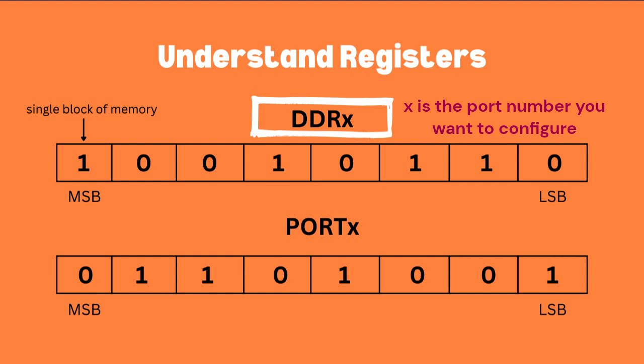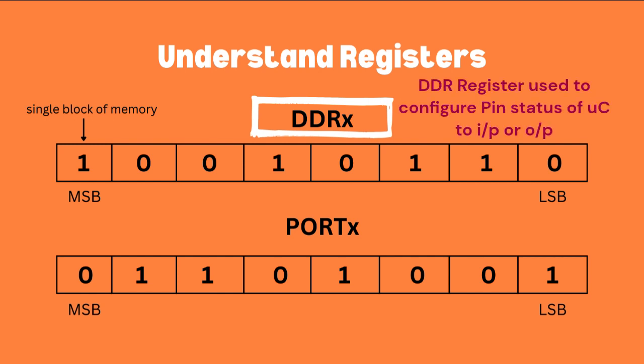The main function of the data direction register inside the microcontroller is to hold the status of a particular pin on the microcontroller chip. So for example, if the register was DDRA, the 8 bits of the register would represent the status of the 8 pins corresponding in that port.